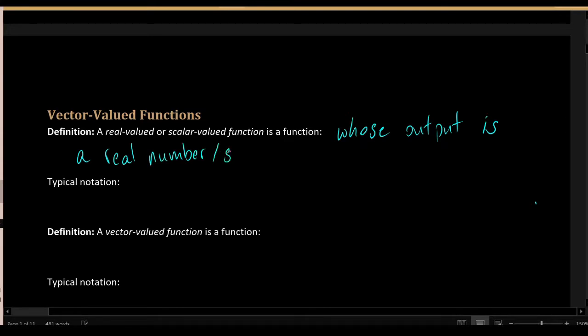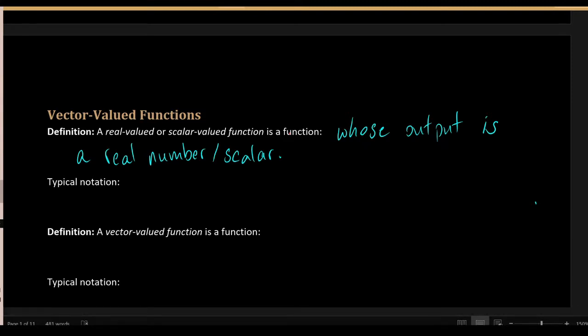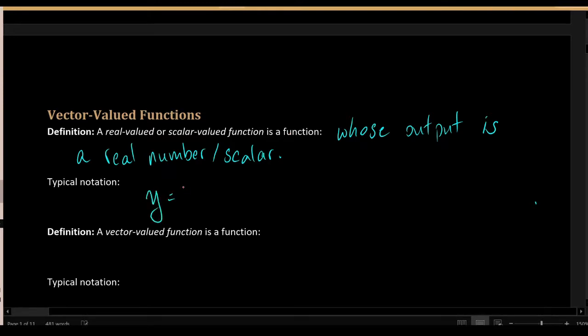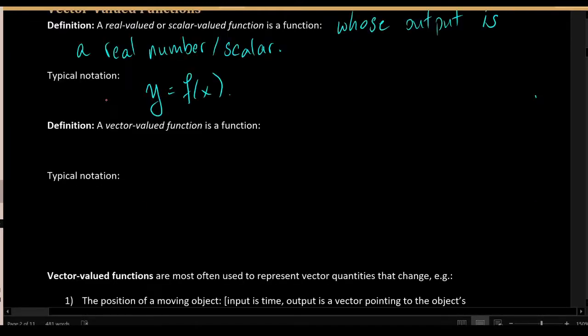In other words, the output of the function is a scalar, hence scalar valued. And the typical notation for a function of one input variable where the function is real valued is something like y equals f of x.